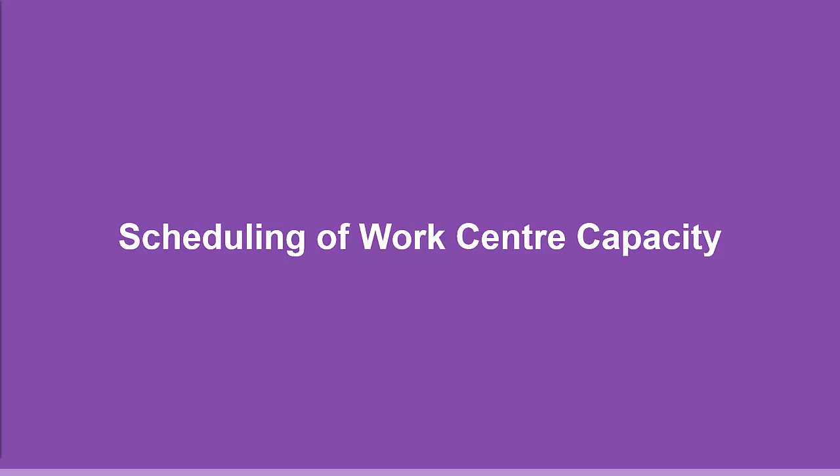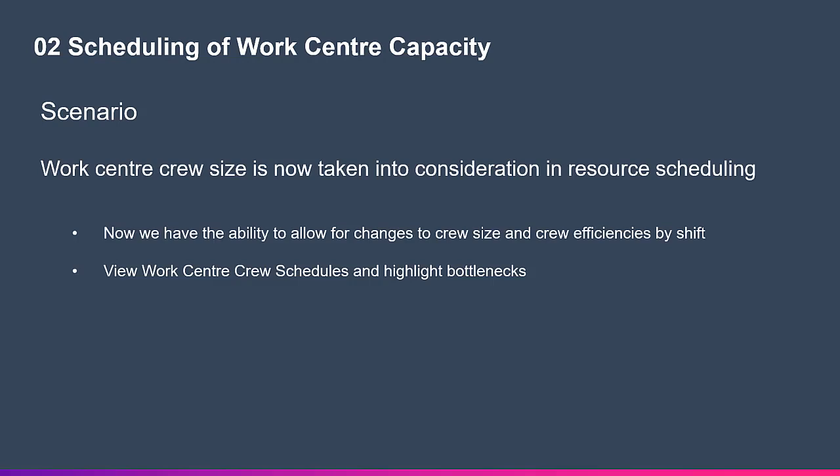Now let's take a look at the new enhancements to the capacity scheduling in Manufacturing Edition. In the new release, the work center crew size is now taken into consideration for resource scheduling when running rough cut planning. And we also have the ability to allow for changes in crew size, allowing for changes in efficiency due to learning curve effects, for example, or for changes in crew availability and crew numbers.